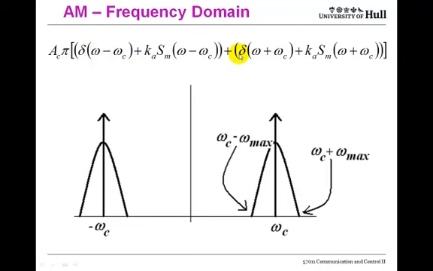And this is the delta function at the negative carrier frequency. This is our message signal spectrum centered at the positive carrier frequency, so it's this one here. And this is our message spectrum centered at the negative carrier frequency, so this one down here. You'll never be asked for this expression.